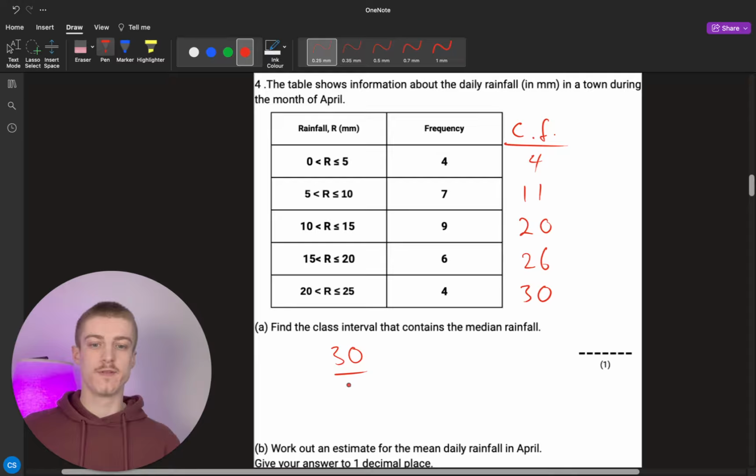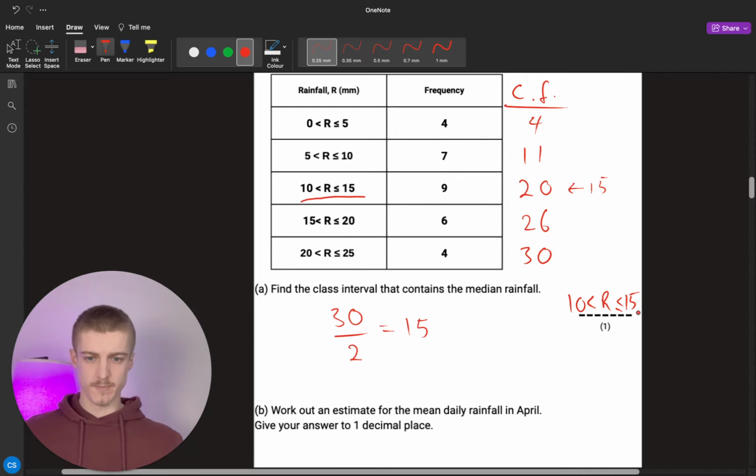The midpoint of 30 divided by 2 is 15. So which class interval contains 15? Well, this one goes up to 4, the second one goes up to 11, the third one goes up to 20, so that includes 15. So the correct interval is between 10 and 15. 10 less than r less than or equal to 15.